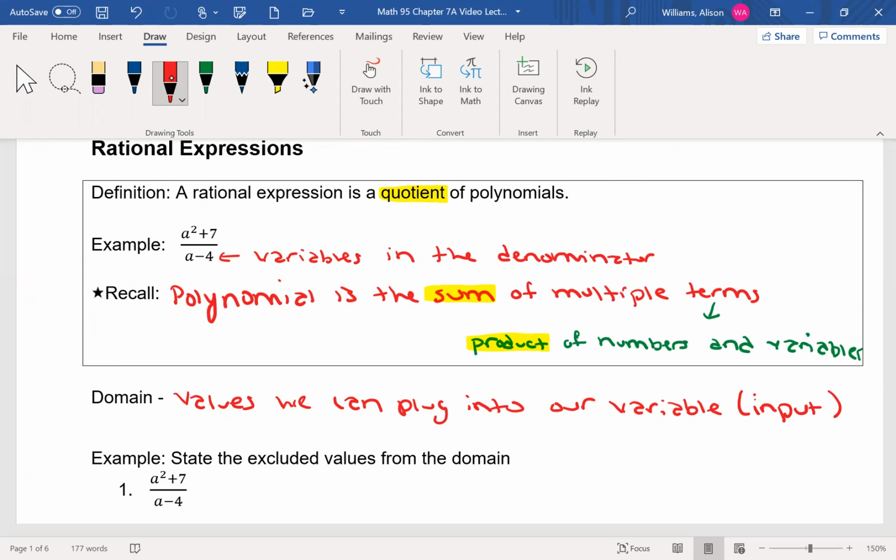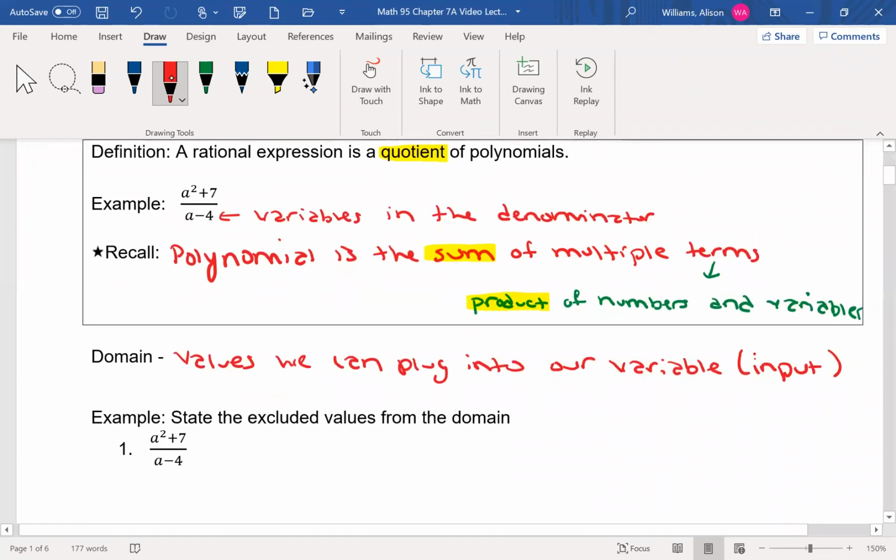So let's look at this example that we had up here of a rational expression. Let's talk about the domain of it. So really what we're interested in is what we can't plug in. You notice how they asked for the excluded values from the domain, what we're not allowed to plug into our variable.